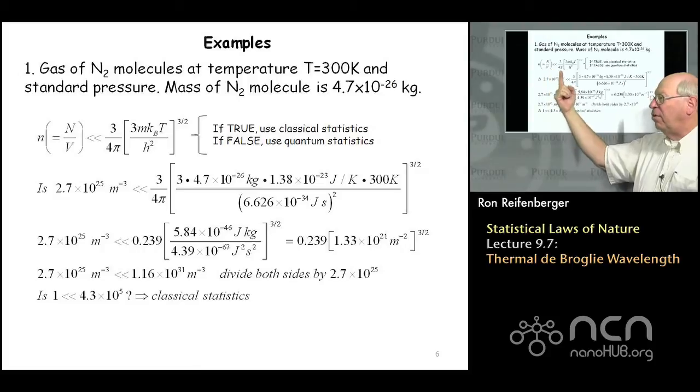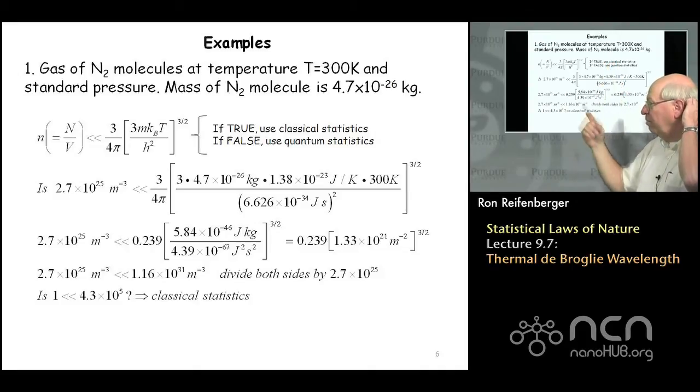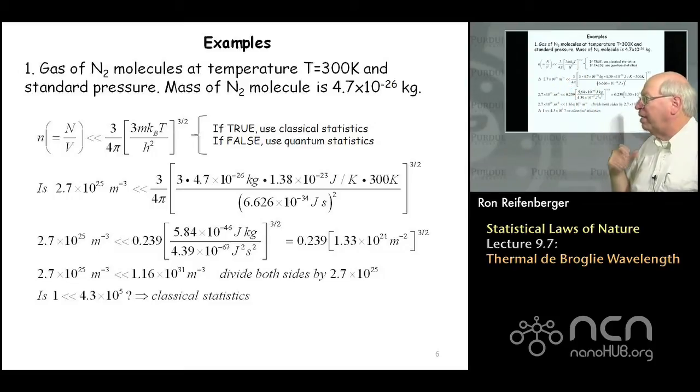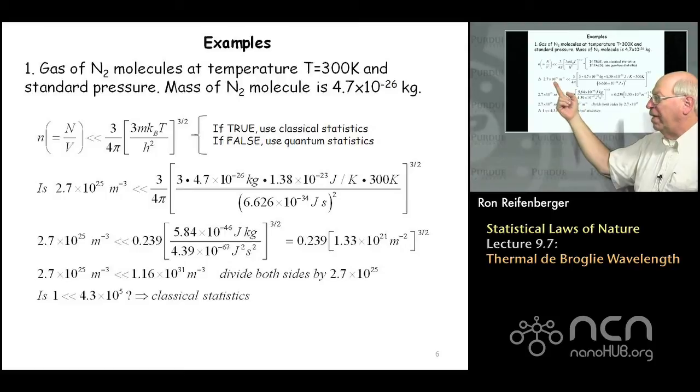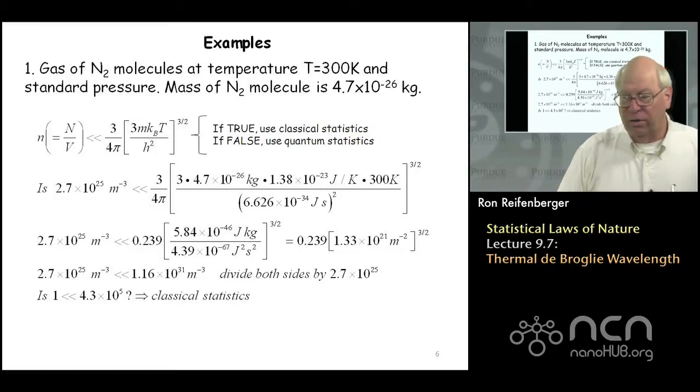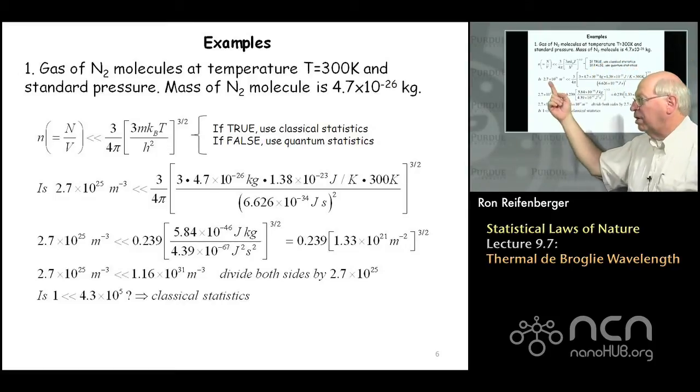And we're just asking the question, is the number density of nitrogen molecules at 300 Kelvin and at standard pressure much, much less than this quantity, which is related to the de Broglie wavelength? We've already calculated that at standard temperature and pressure, you've got about 2.7 times 10 to the 25th gas molecules per cubic meter. So this number comes from a few slides prior to this one.